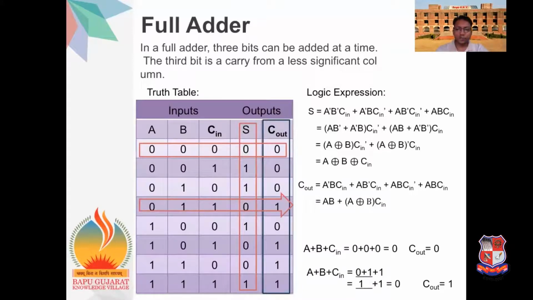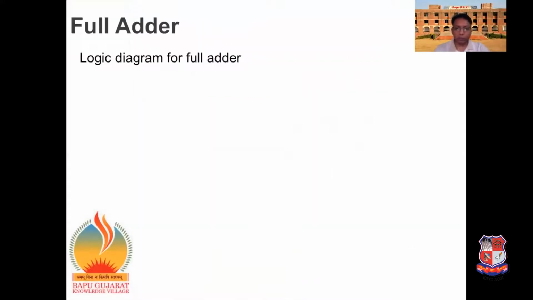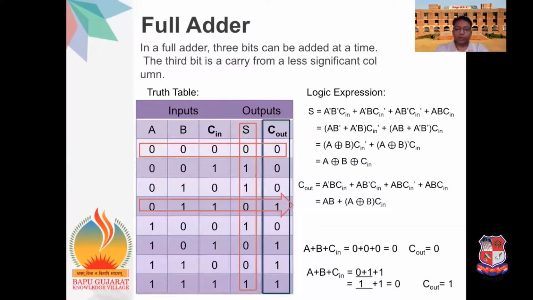In the simplification, in the first and second terms Cin is common, and in the last two terms AB is common, and in the bracket we have Cin' and Cin. This goes away due to Boolean algebra laws. So this is the expression for the Cout.